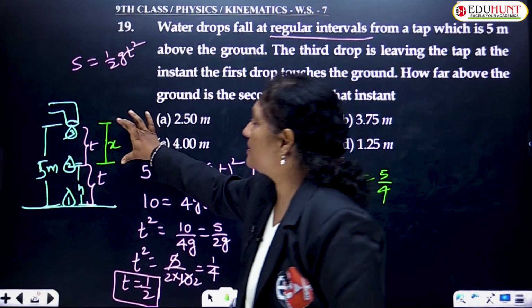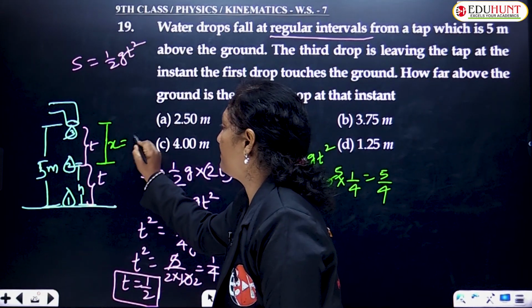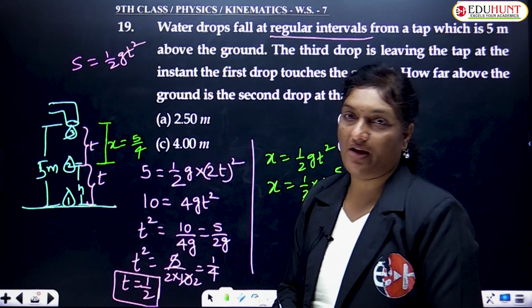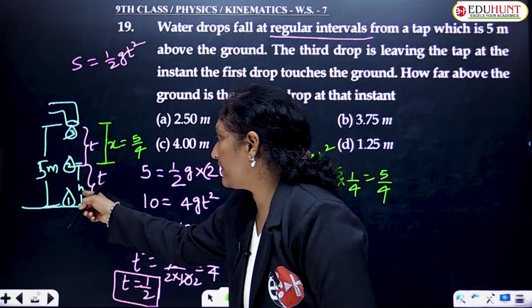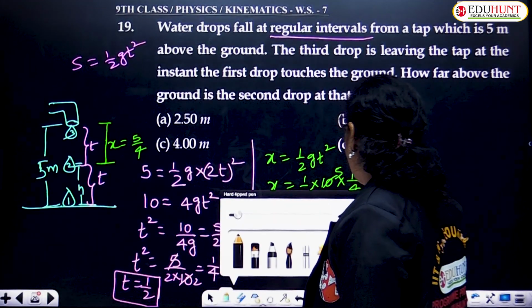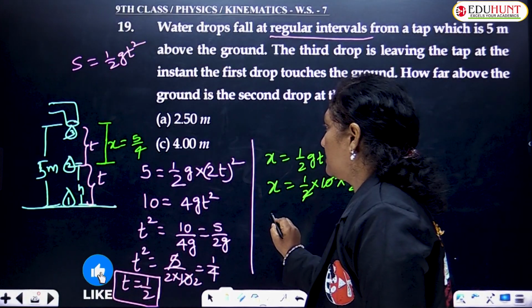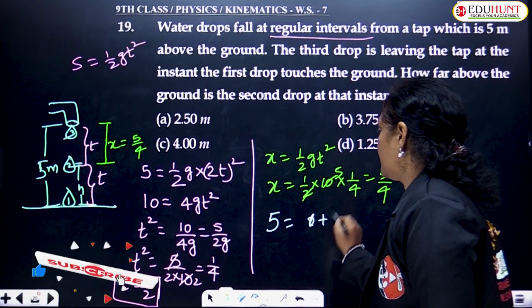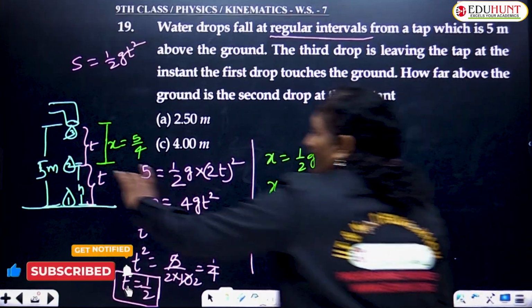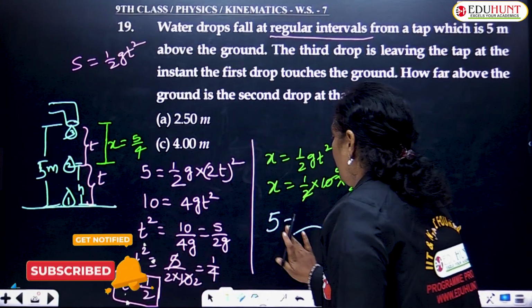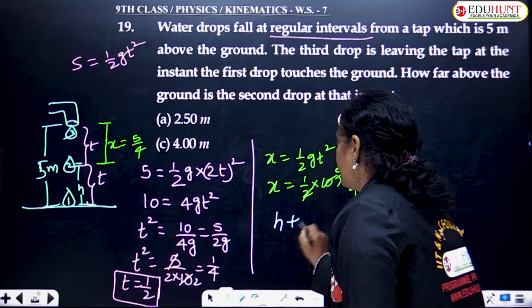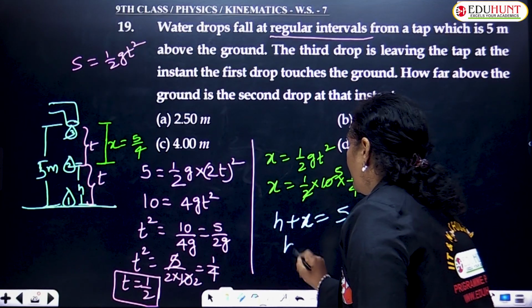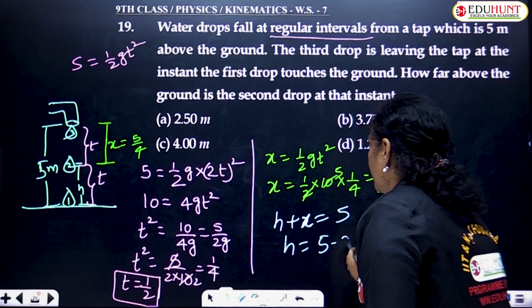So this portion was found to be 5 by 4 and the complete height was 5 meters. You are asked to find this value h. Hence, clearly 5 = x + h, or h = 5 minus x.